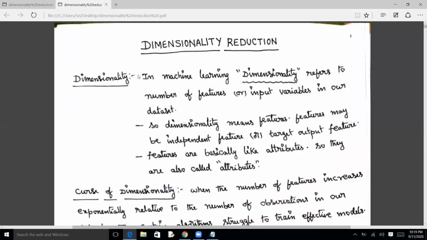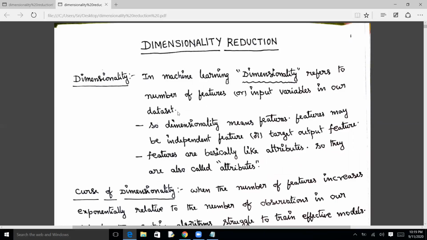Next, what is dimensionality? The general meaning of dimensionality in machine learning is the number of features. Features are input variables in a data set.